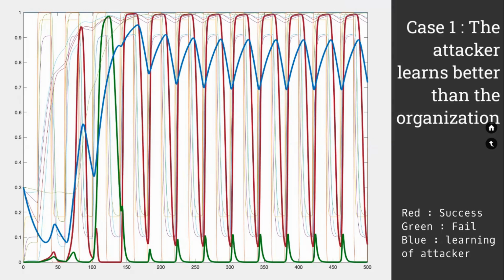But if we look at later times, we can see that the attacker learns more, which means that the curve for success goes over the curve for fail and surpasses it. And over time, there are many successful attacks. That again is because the attacker was learning better in the scenario.